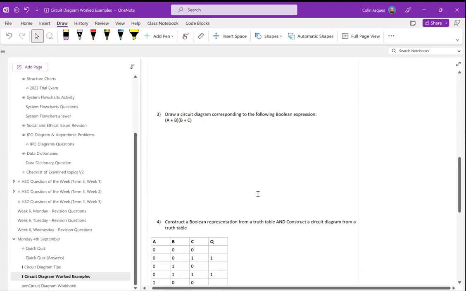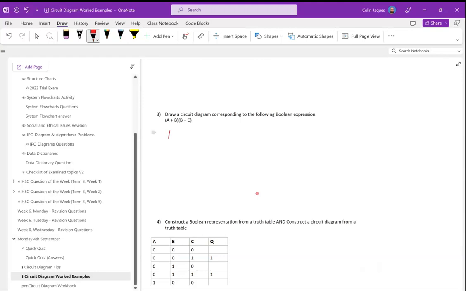All right, the next one is: draw a circuit diagram corresponding to the following Boolean expression, (A plus B) and (B plus C). Again, we're treating each parenthesis as a single group. So I'm going to draw my 3 inputs here, and attack the first one first.